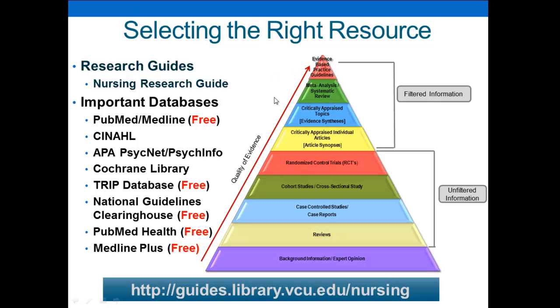As you're looking for this evidence, there's going to be a lot of different places you can look. As you see here, one of the things I have provided are some of the important databases, especially when doing nursing research, that could be useful to you, as well as a link to the VCU Library's Nursing Research Guide, which will be a very good guide in order to guide you to the right resources to find the appropriate studies in order to conduct a good literature search.